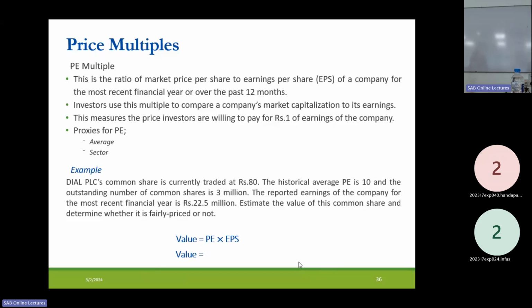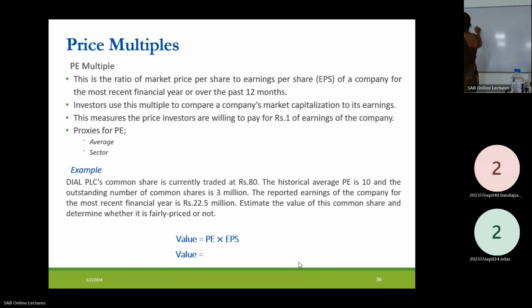The past historical company average price to earning ratio is 10. And the outstanding number of common shares is 3 million.